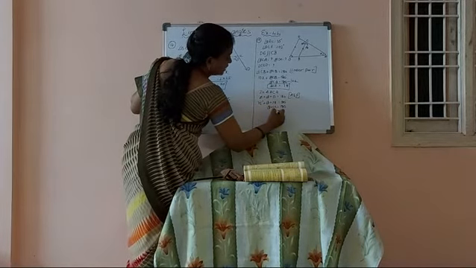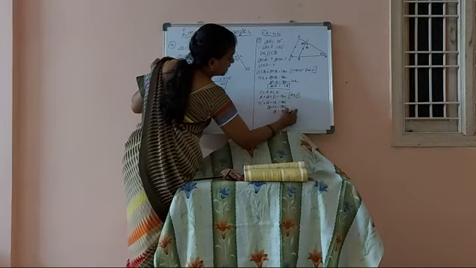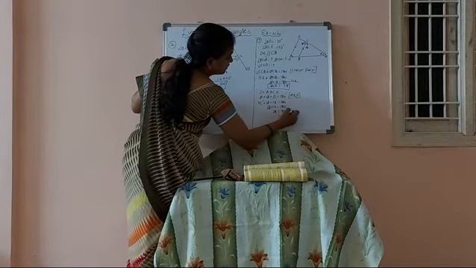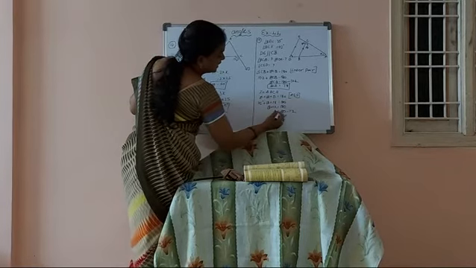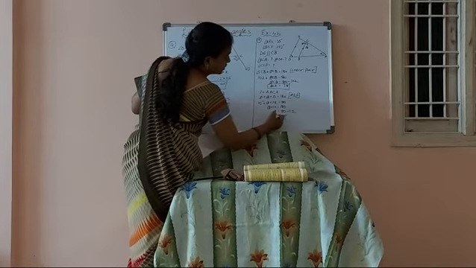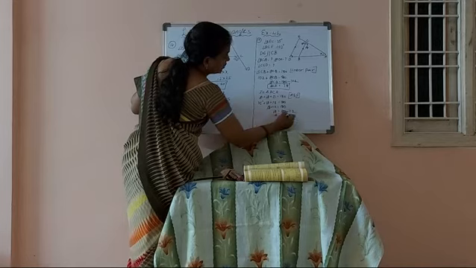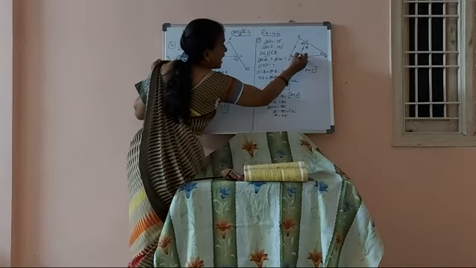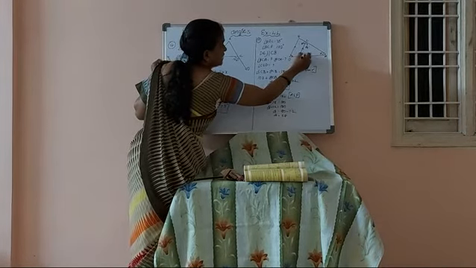So angle B is equal to 180 minus 112, which is 68. Angle B is equal to 68 degrees.